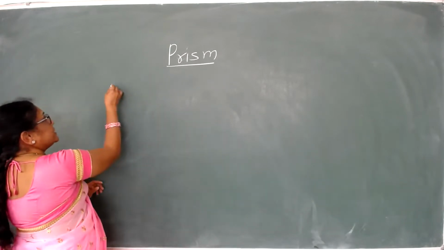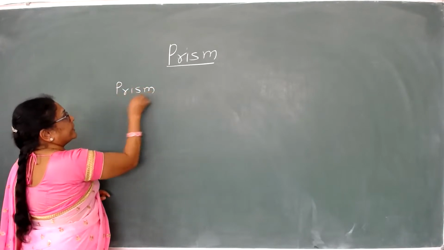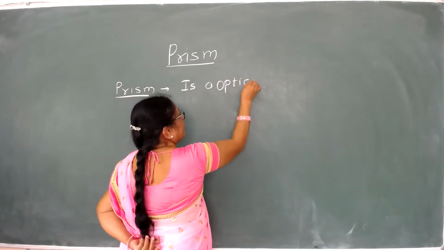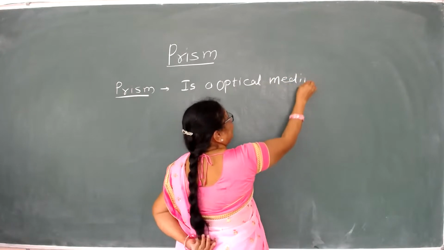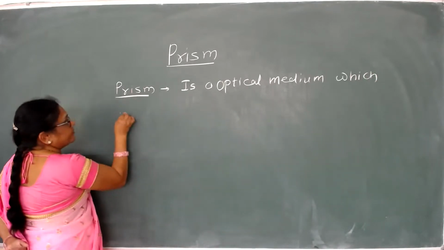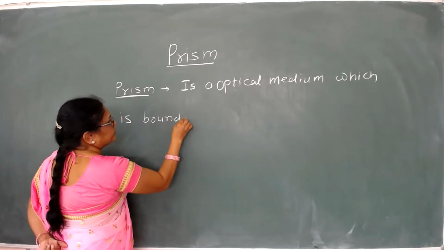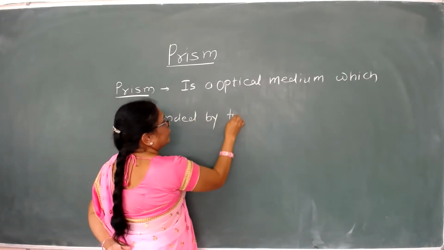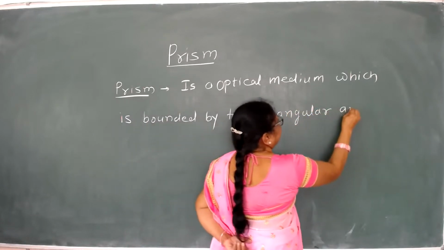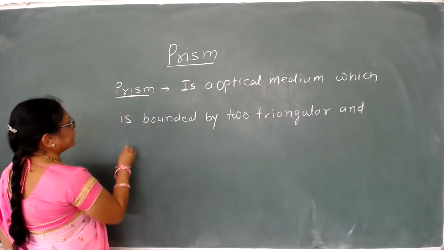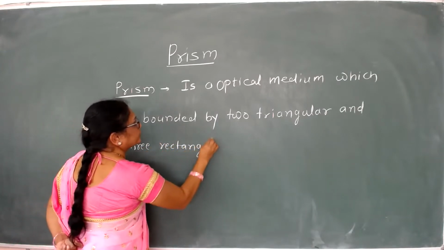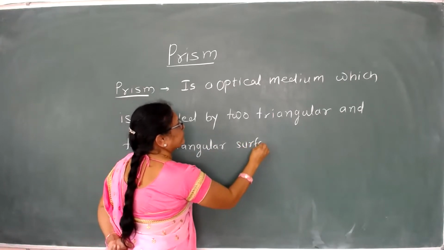So what is the meaning of prism? Prism is an optical medium which is bounded by two triangular and three rectangular surfaces.